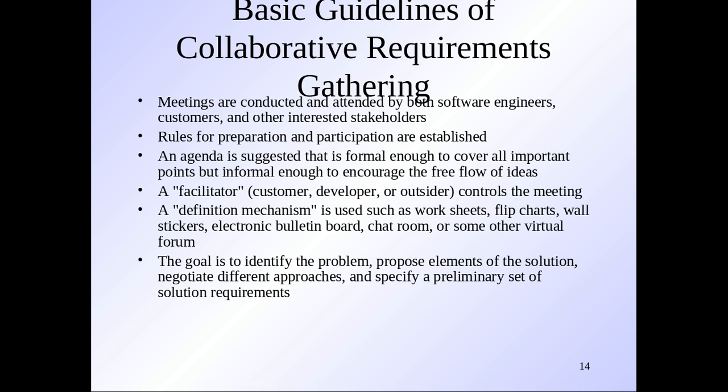Other stakeholders must be part of that meeting, so they can suggest the exact information related to the problem. Some rules for preparation and participation must be established. We must understand the agenda of that particular meeting, which will cover all the points. Okay, so definition of mechanism: we will use worksheets, flip charts, and stickers.